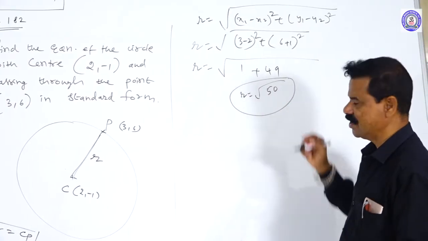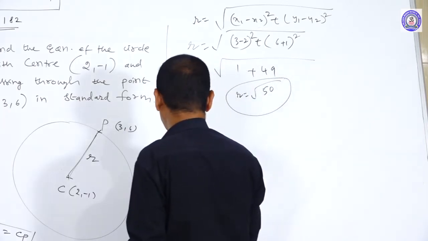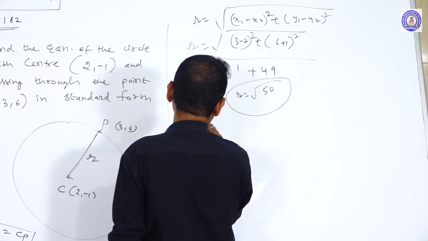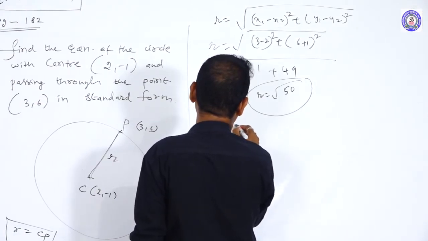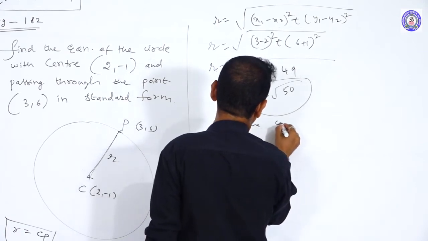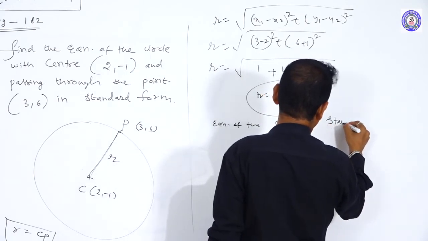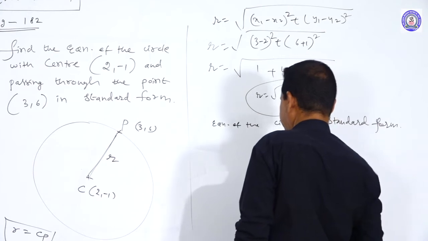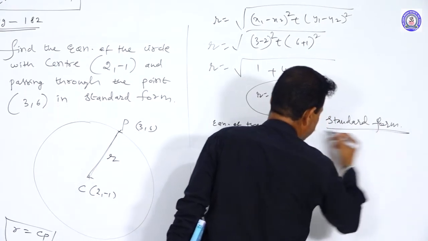Center is there, radius is here. So in standard form, not the general equation, we write the equation of the circle in standard form. That is the first equation. Standard form means the first equation.